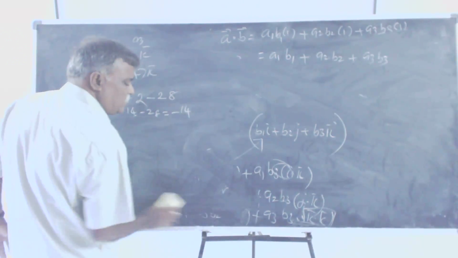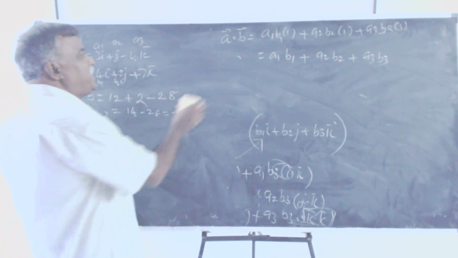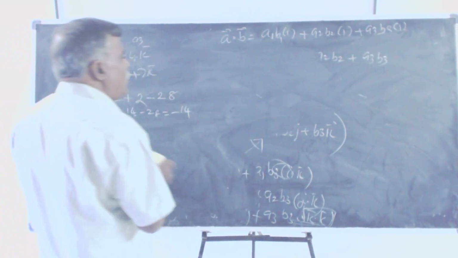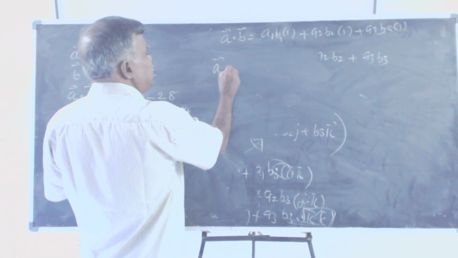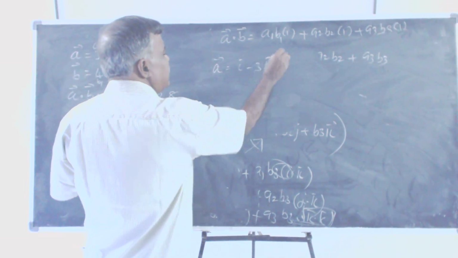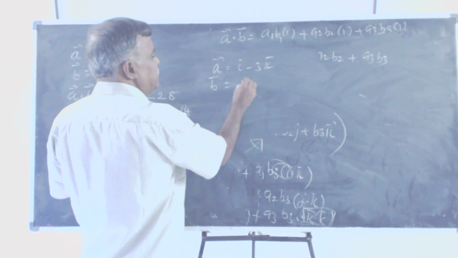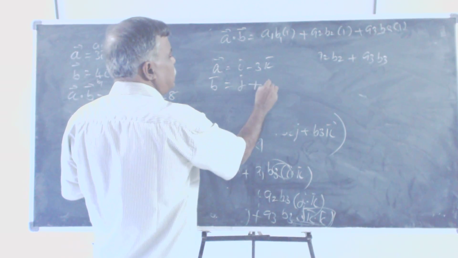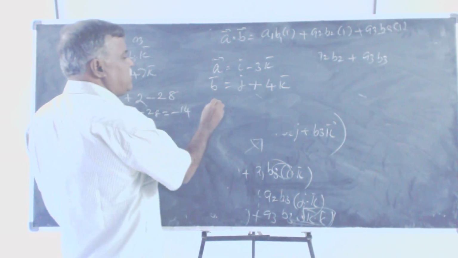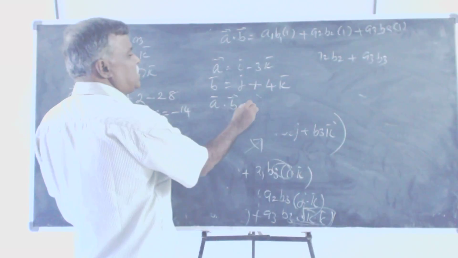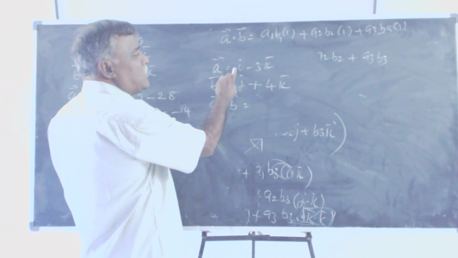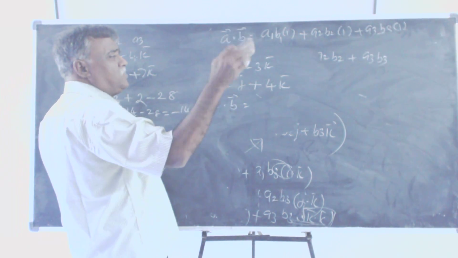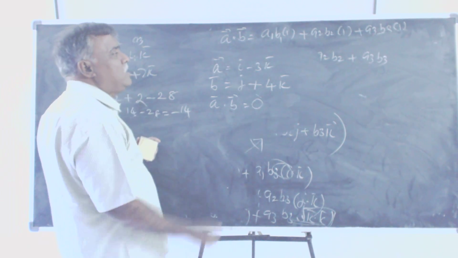So this is how you find the dot product between two vectors numerically. If A vector equal to i minus 3k and B vector equal to j plus 4k, tell me what is A dot B. Here the i coefficient: B has no i coefficient, therefore 0.